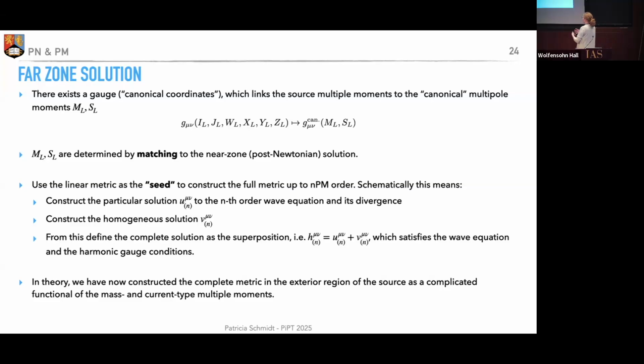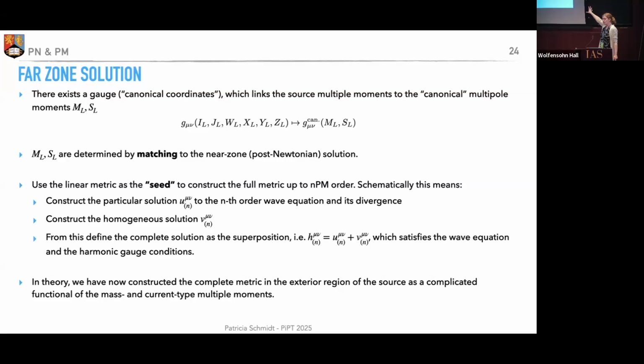So there's an isometry. You can map the metrics, and then you just have these two left over, which is probably also not too surprising. Now the question is how you actually determine those, and that will be quite crucial. And the answer is through this matching procedure. So that's why this matching is really, really important.